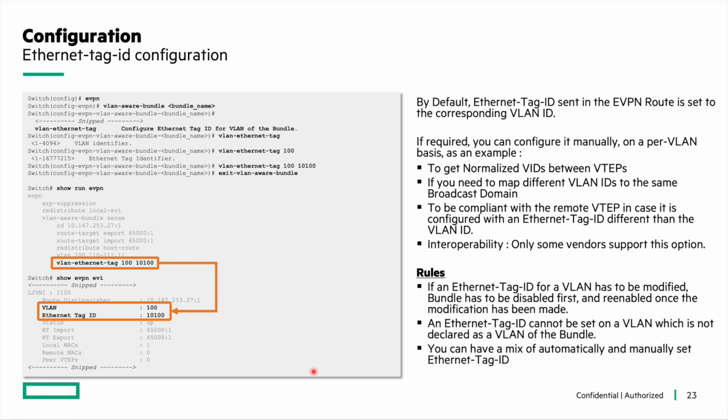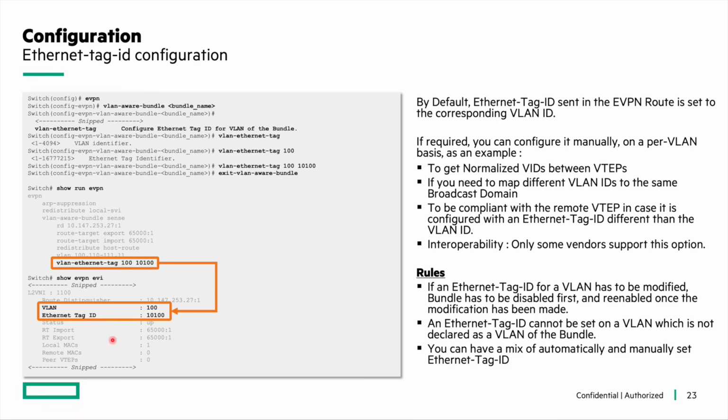To do that, within the bundle context, you only need to use the VLAN Ethernet tag command, specifying the VLAN and the tag ID you want to associate, as you can see on this example, with the tag set to 10.100 and the VLAN 100.